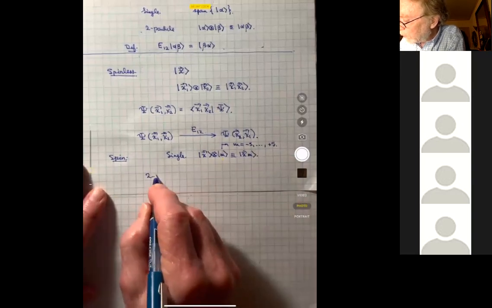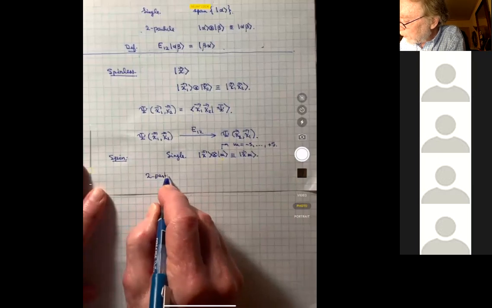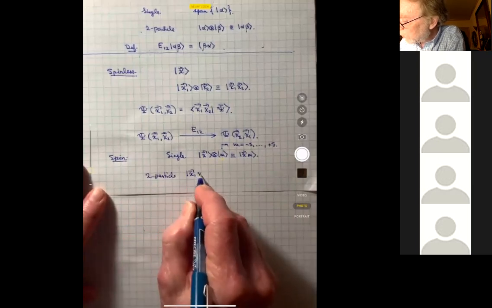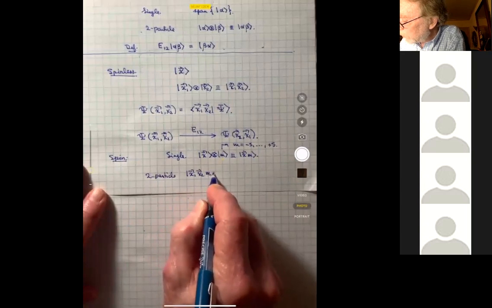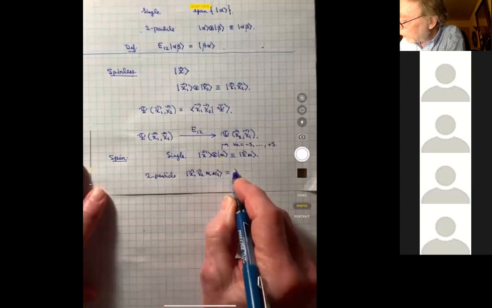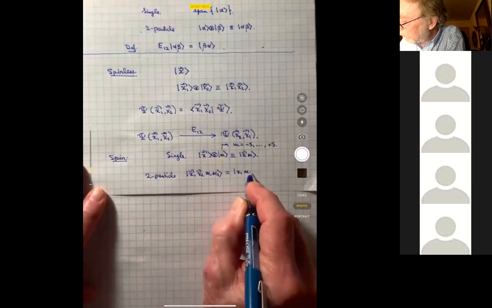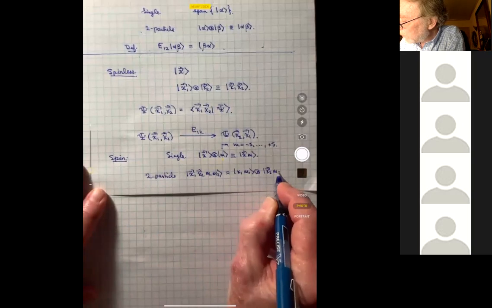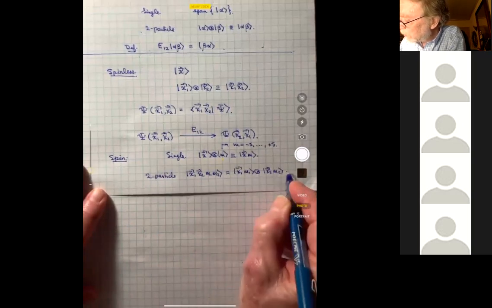Then for the two particle system, the basis states can be written as x1, x2, m1, m2, which is a tensor product of x1, m1 with x2, m2. Basis states for the individual particles, like so.